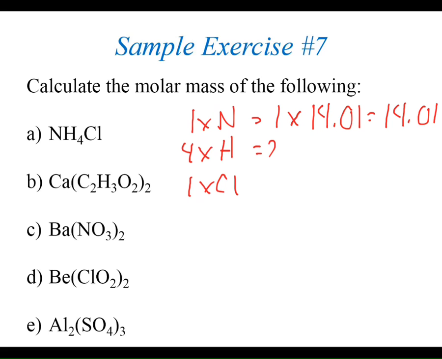What's the mass of each hydrogen? 1.01. So 4 times 1.01, so that'd be 4.04. And then 1 chlorine. Each chlorine is 35.45.